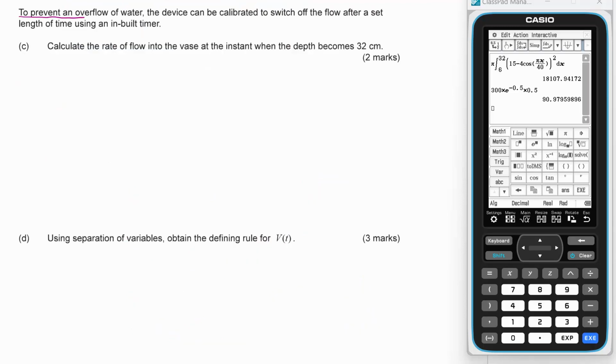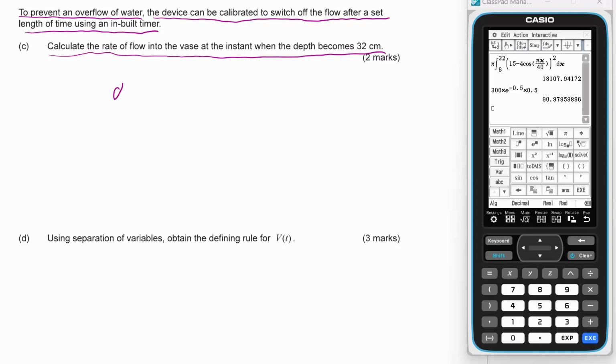To prevent an overflow of water, the device can be calibrated to switch off the flow after a set length of time using an inbuilt timer. Calculate the rate of flow into the vase at the instant when the depth becomes 32 centimeters. In other words, when it's full.